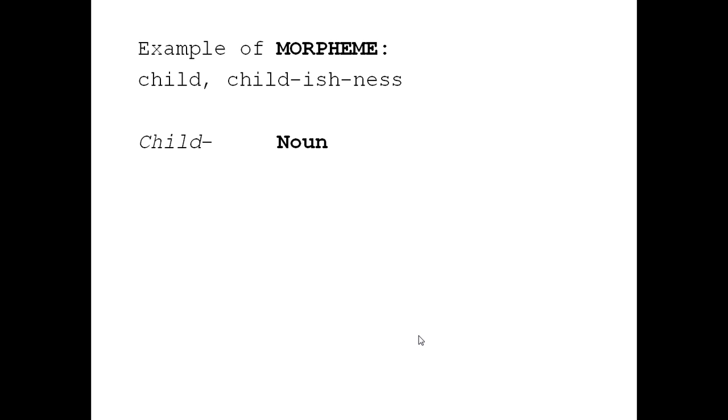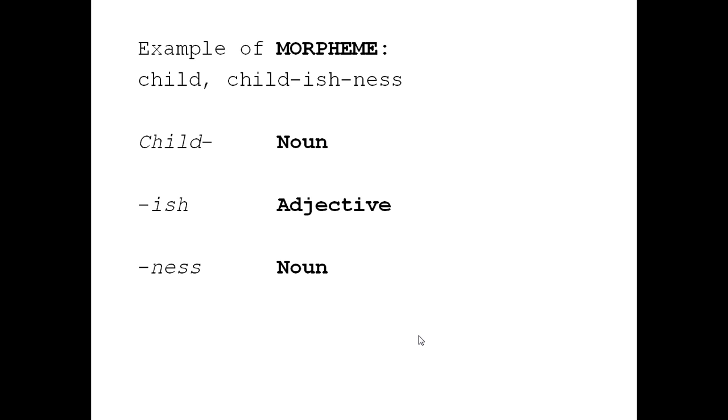Okay, so let's see some examples of morphemes now. Okay, good. This is how the word childishness, which derives from child, is shaped from the point of view of morphemes. Thus, child is a lexical morpheme, which we can also call the free morpheme, as we shall see in a few minutes.